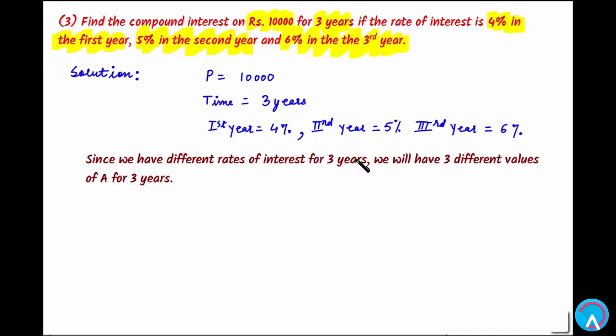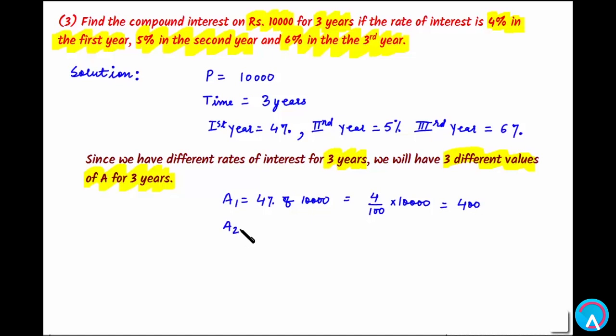Since we have different rates of interest for 3 years, we will have 3 different values of A for 3 years. So what that means is that A1 is equal to 4% of 10,000. So that is, when calculated, this comes as 4 by 100 multiplied by 10,000. So that is equal to 400.